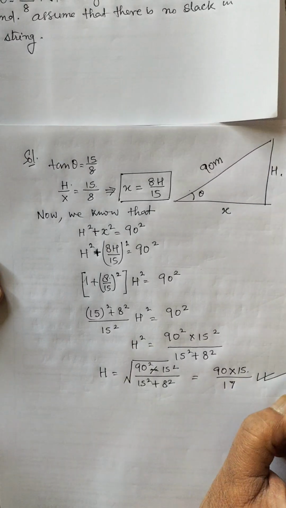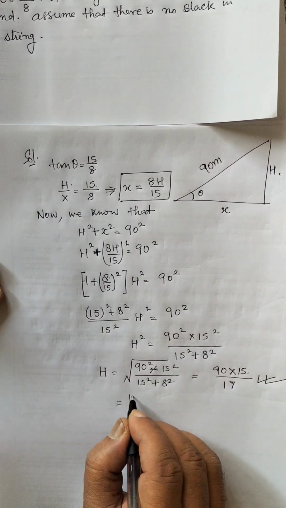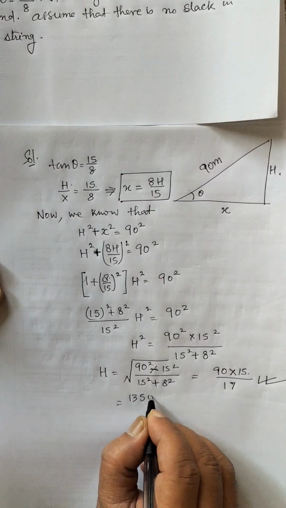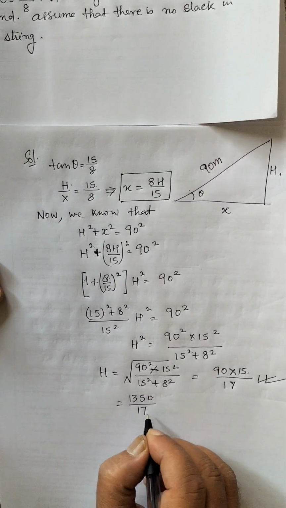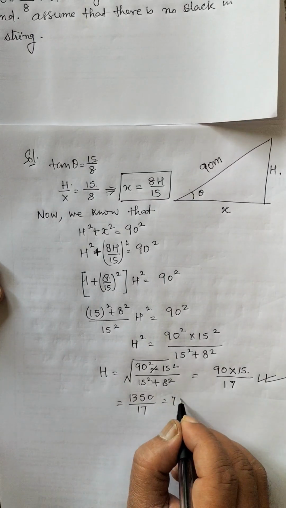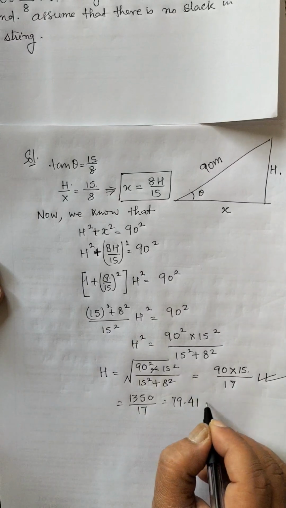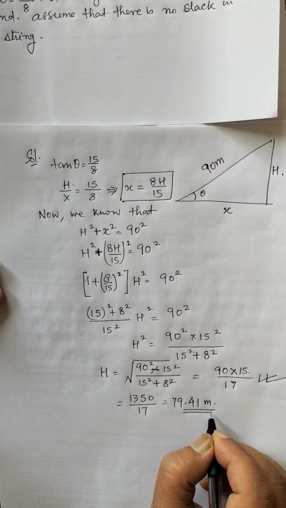This is the final answer, that is 1350 on 17, which is 79 on 41 meters.